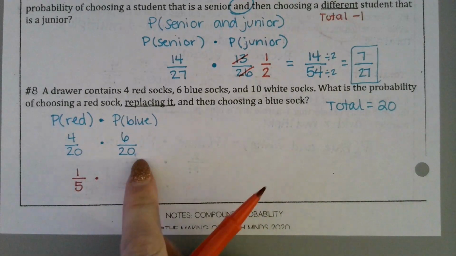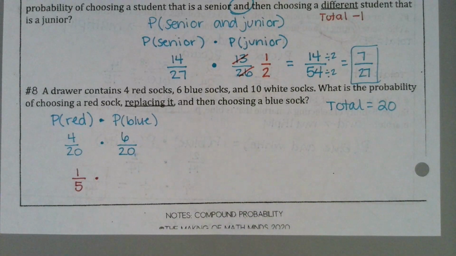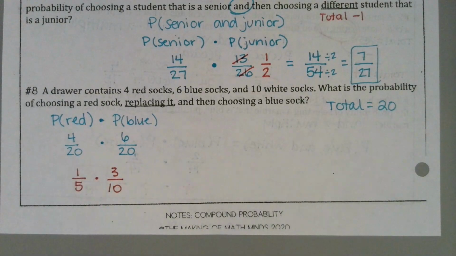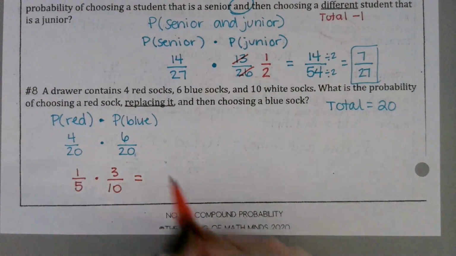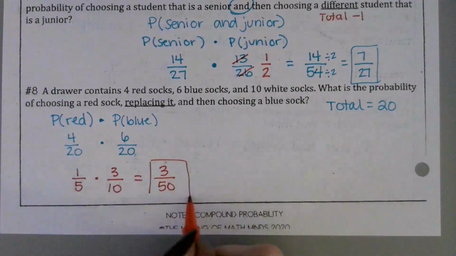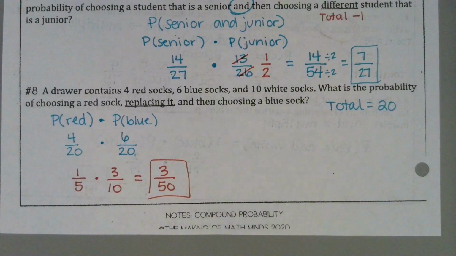And 6/20 reduces to 3/10. So when I multiply those together, my probability is 3 out of 50. All right, feeling good?